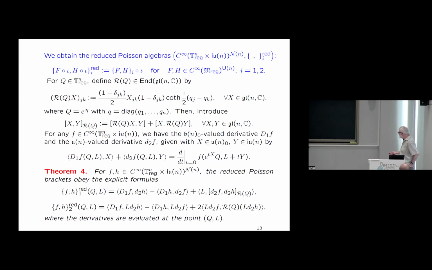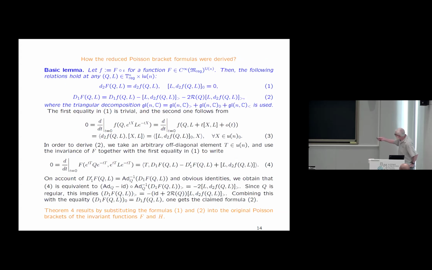And with this notation, I can calculate the formula for the reduced first and second Poisson brackets. And both of them contain the dynamical R matrix and have relatively simple formulas. So this is one result.